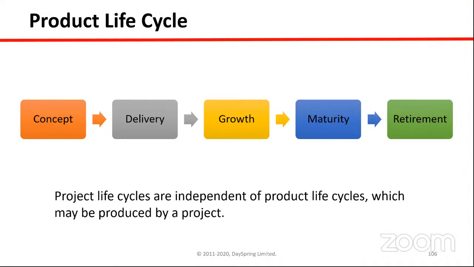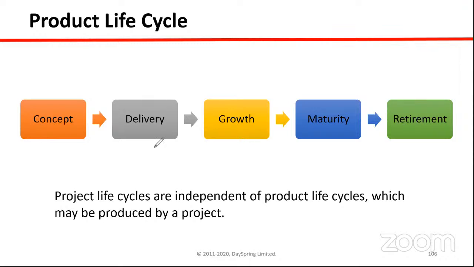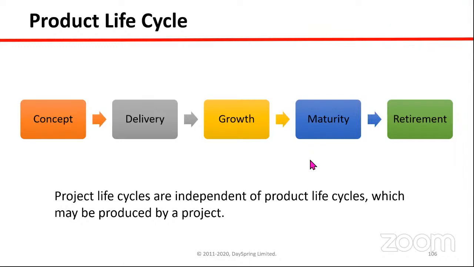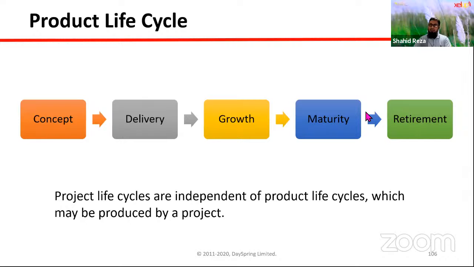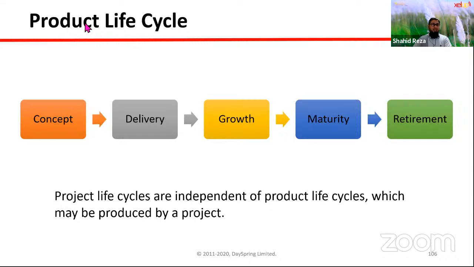Yes, the majority of products follow this life cycle. Can you repeat the question? Yes, I have a question about maturity. I understand the concept and delivery and the growth. Maturity means, have you seen the graph?